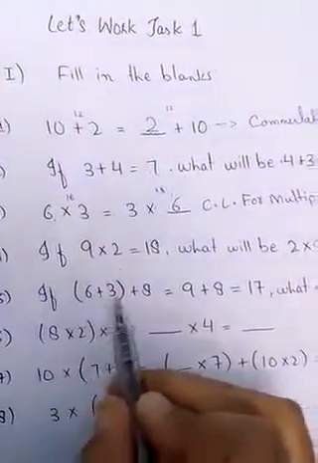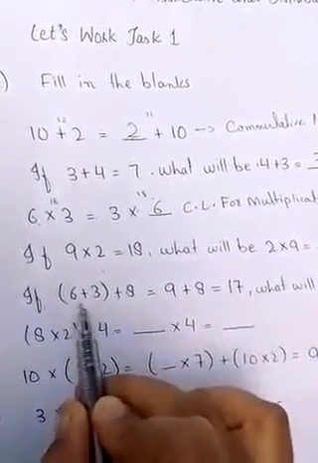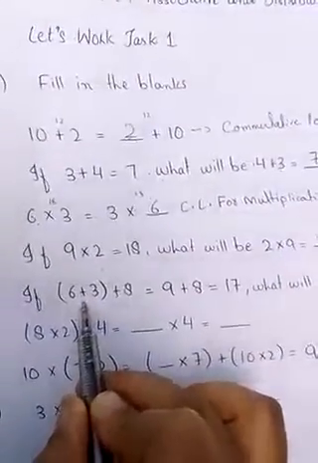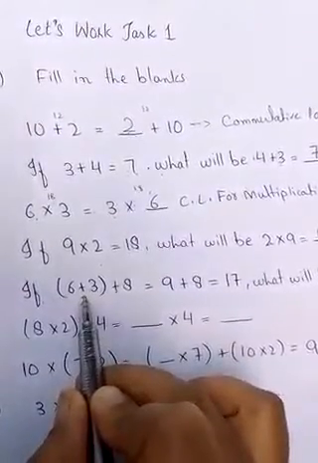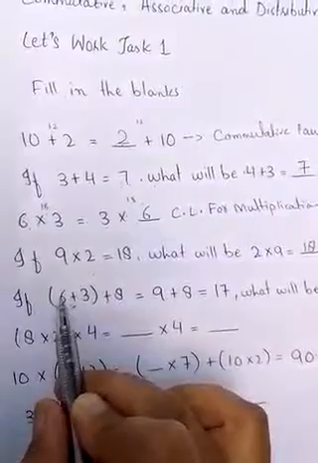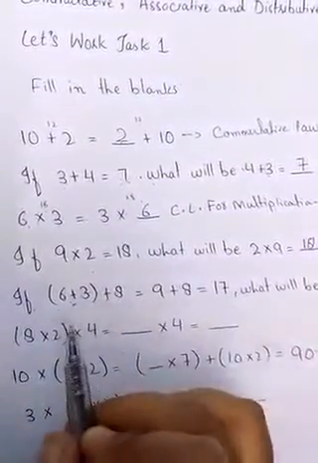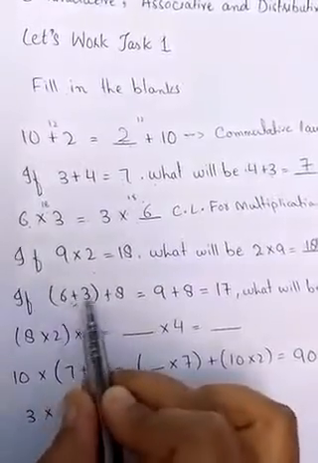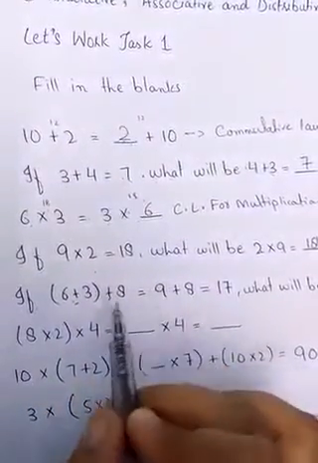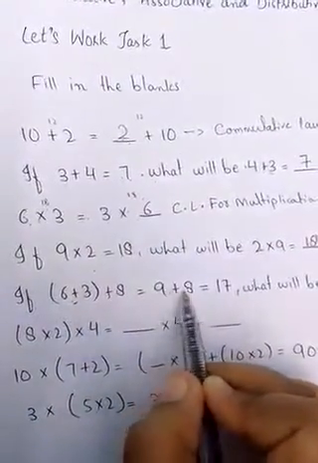Now if 6 plus 3 plus 8, here we group the number. So this is associative law for addition. 6 plus 3 plus 8 is equals to 9 plus 8. 6 plus 3 is 9 and plus 8.